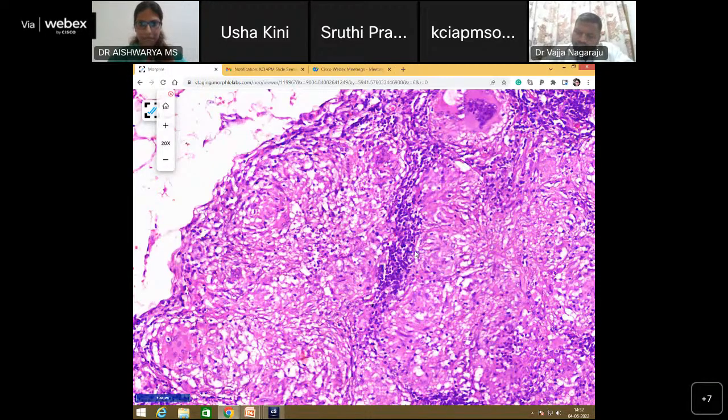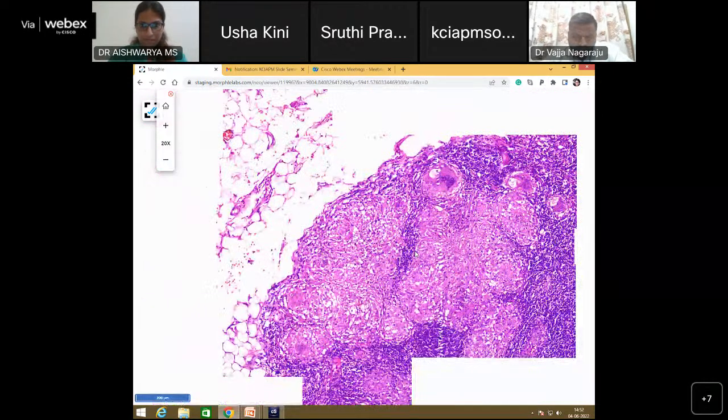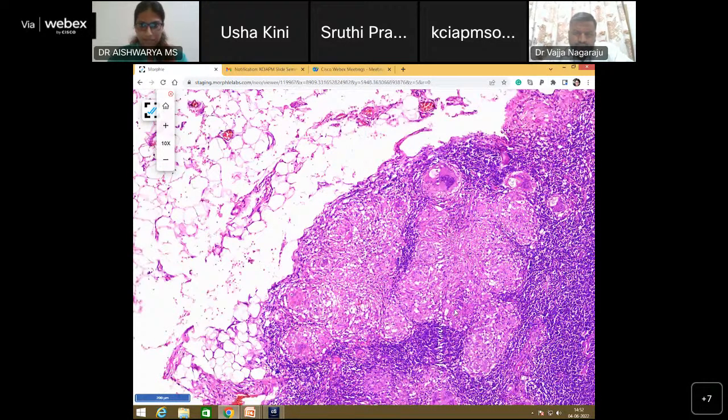Now, you said they are naked granulomata, right? Yes, ma'am. But you have the lymphocytes all around anyway, so I'm not sure how well you can really say that they are naked. But one thing I can say is they are multiple, small to a little larger, and some are discrete and many are confluent.